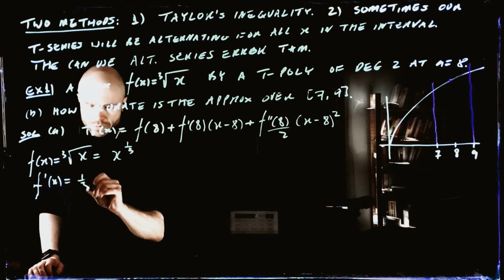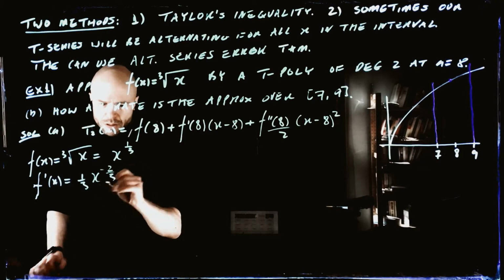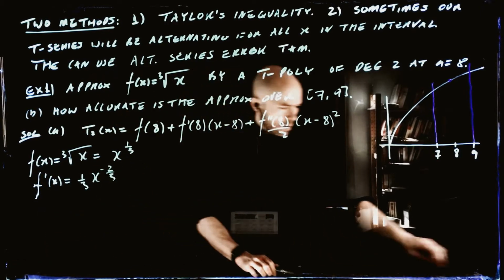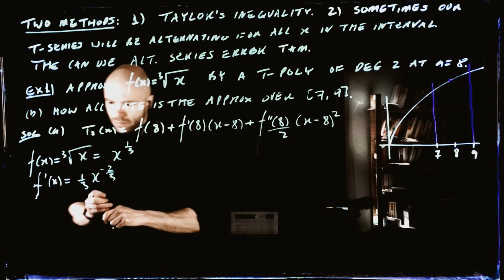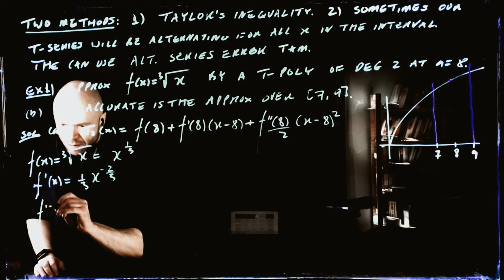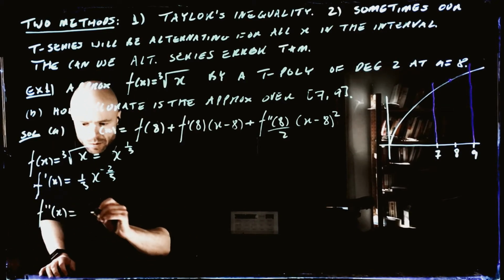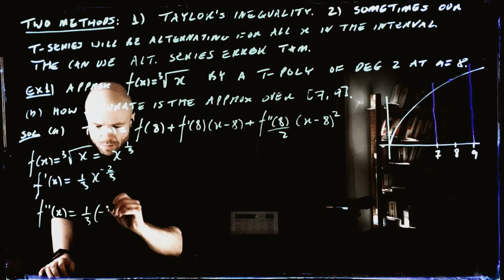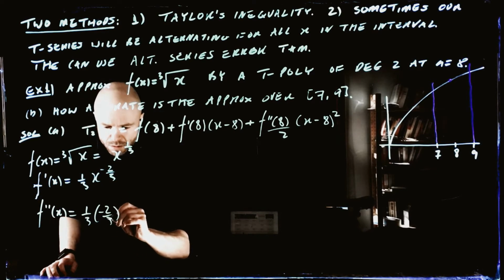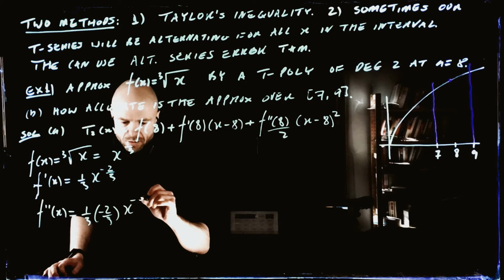We have 1 over 3, x to the minus 2 over 3. Let's differentiate again. We have 1 over 3 times minus 2 over 3, x to the minus 5 over 3.